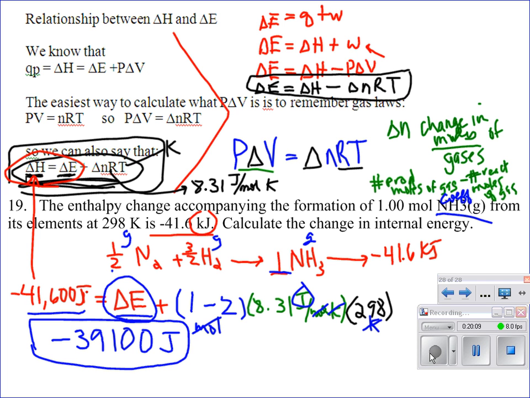Okay, so this is as hard as those get, but let me tell you a secret of how this will be most often used. You will have a problem like this probably in the multiple choice, maybe on the test, but the trick that I'm going to give you is always check your delta N first. Because what happens if I have the same number of moles of gas on each side?